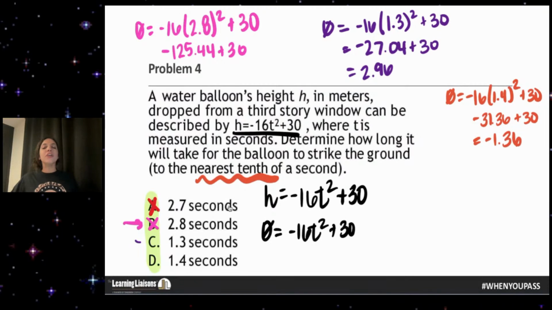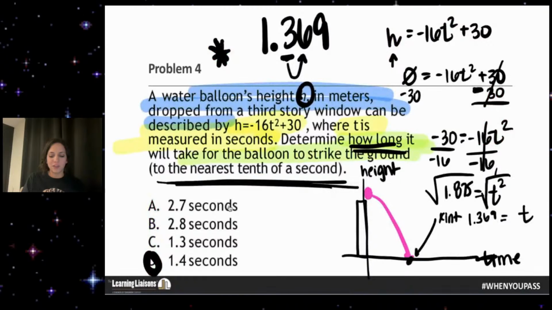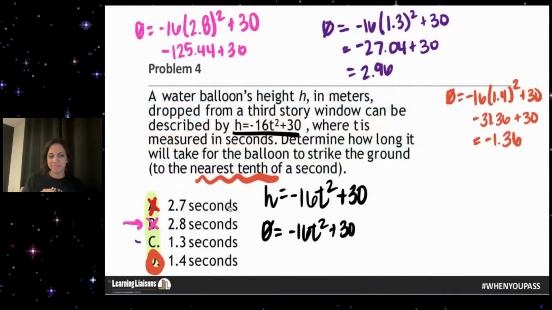So even though none of these equals 0, that's because our answer was actually an irrational number. And so we just have to choose which one is closer to 0, which would be that 1.4. But if you didn't know how to do it this way, that's one way that you could do it without feeling defeated, right? All right, let's move on to the next problem.